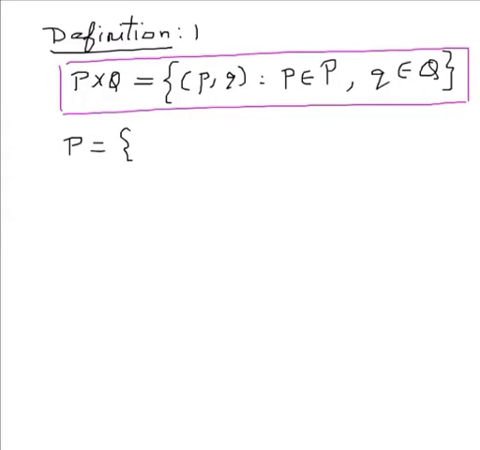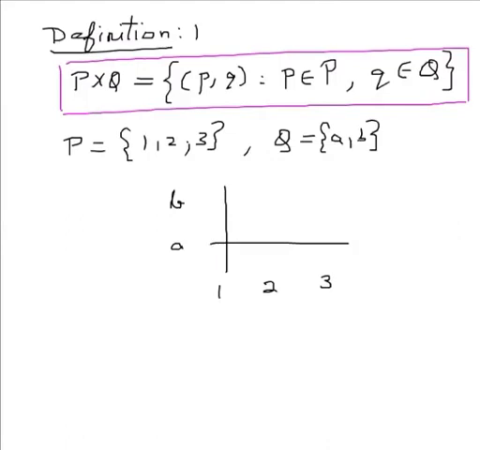Now let us take the same example, P as 1, 2, 3 and Q as A, B. I showed this P cross Q using an arrow diagram, or you may write it by taking the x-axis and y-axis. That's why we call this the Cartesian product, like the Cartesian plane. On the x-axis we take the first elements, and on the y-axis we take the second elements, like a grid.